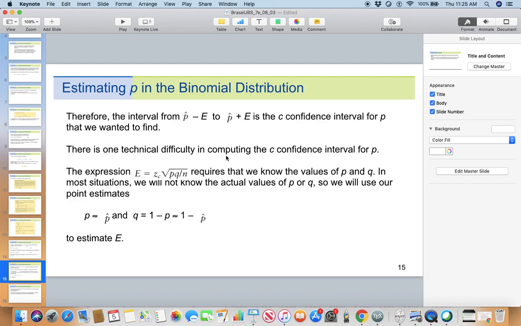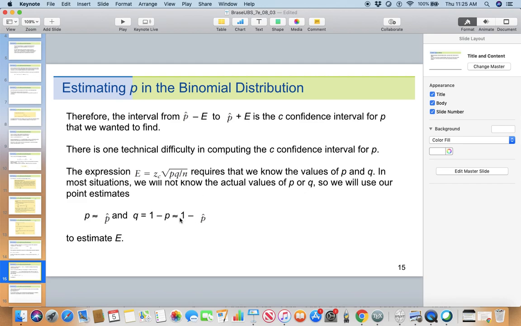There is one technical difficulty in computing a C confidence interval. The expression E equals this requires that we know the values of P and Q. Look at that, right? But we do not know P and Q in most situations. So instead of P, we will use P hat. Instead of Q, we will use Q hat.